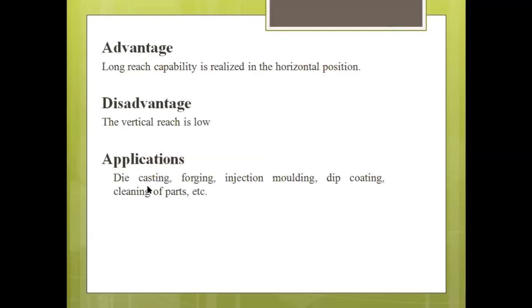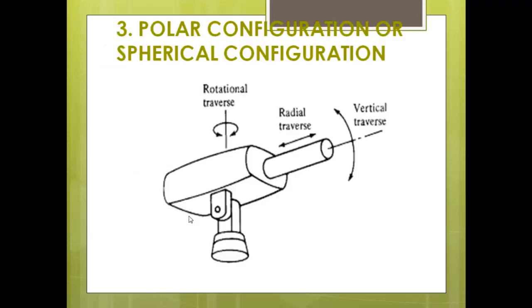Coming to the applications, we can use the spherical configuration robot in die casting, forging, injection molding, dip coating application, cleaning of parts, and etc. You can observe here, we have two rotary motions and one sliding motion.